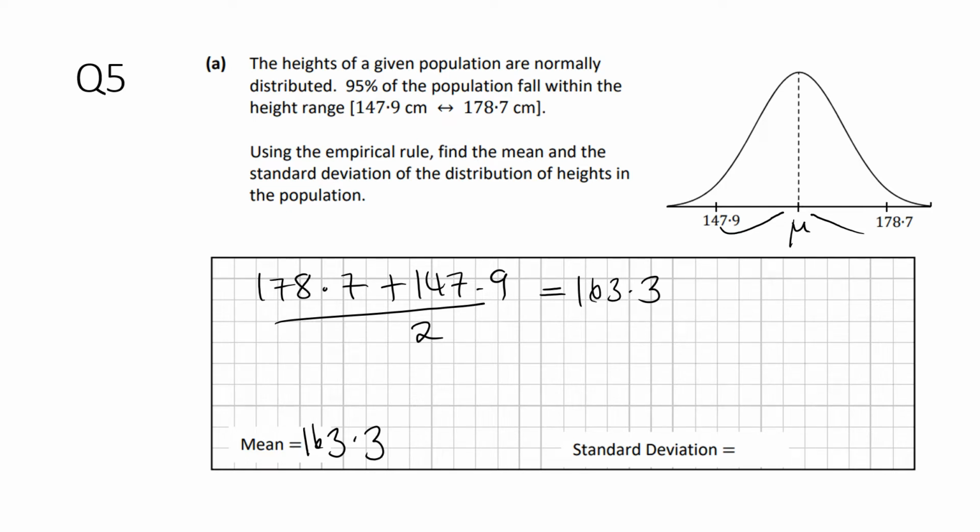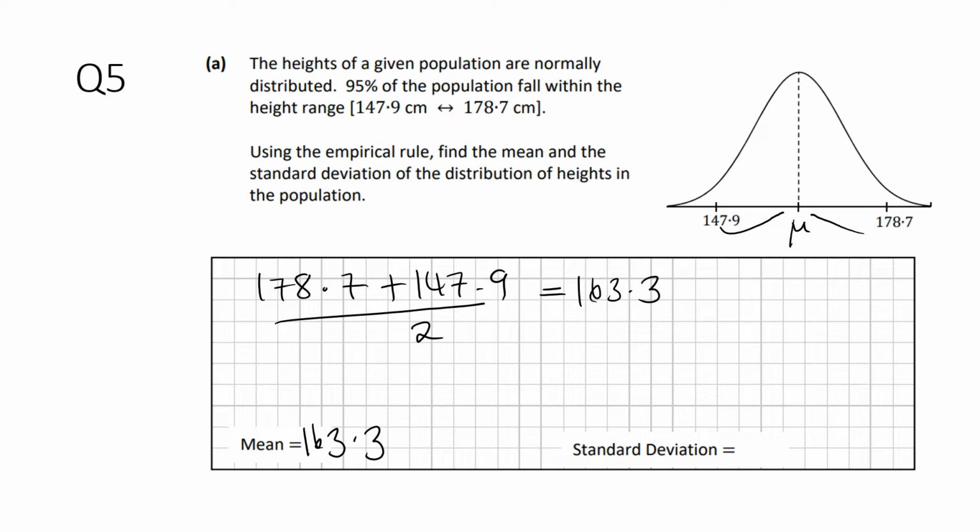The next thing you need to do then is find your standard deviation. You need to find the difference between 178.7 and the mean.